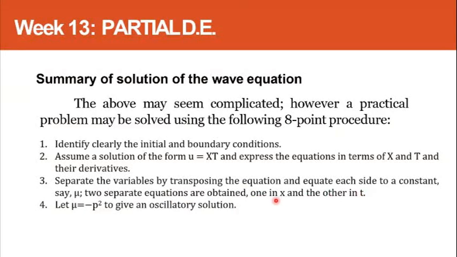So, kanina, di ba, we have the solution where for the value of x natin, we have the second derivative for the x and also included na dun si u at saka yung x lang natin. Well, for the t naman natin, yung formula natin is we have yung second derivative din na t. We also have yung u natin and yung t lang siya. And we separate na yung formula ni x tsaka yung formula ni t.